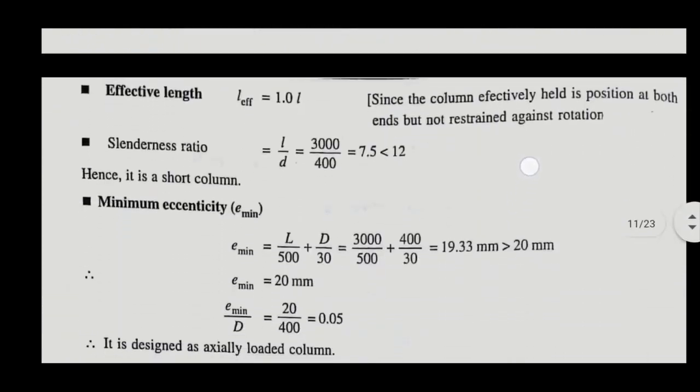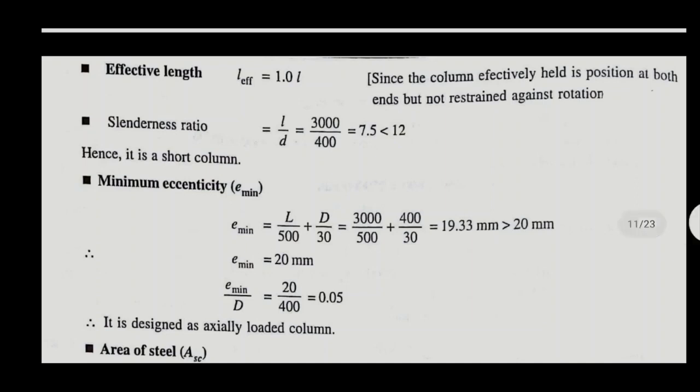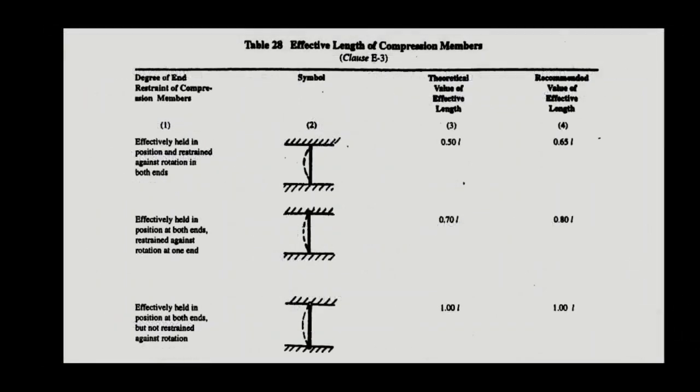So first of all we have to find out the effective length, Lef, for the condition: column is effectively held in position at both ends but not restrained against rotation. Let's check Table number 28 of IS 456-2000. In Table 28 we have to find our end condition.